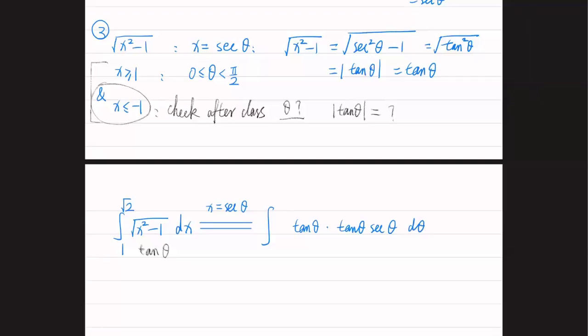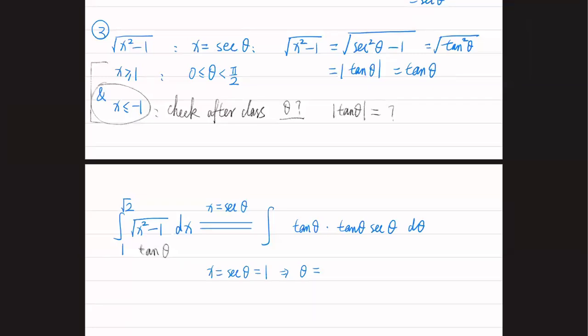Again, we need to match the limits for x with theta. When x is 1, what's the secant? What's the theta? Let's think about it.